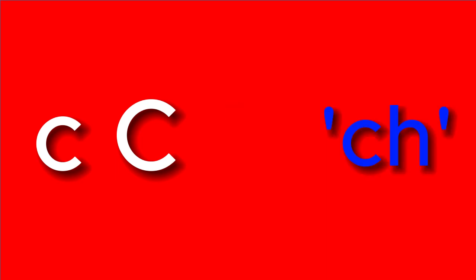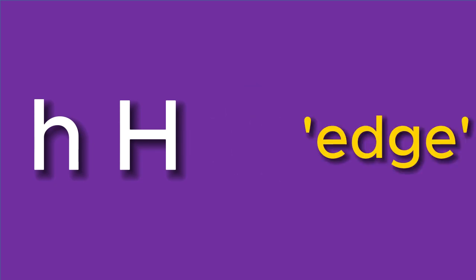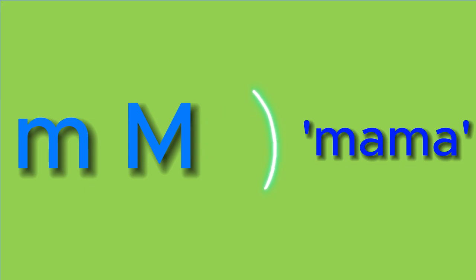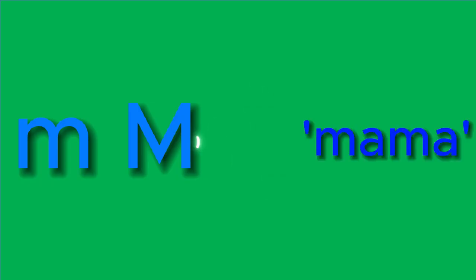D for D. F carries the sound F. G represents G. H is pronounced as H. J for J. K is pronounced as K. L as it is, L itself. M as in mama. N is pronounced as N.